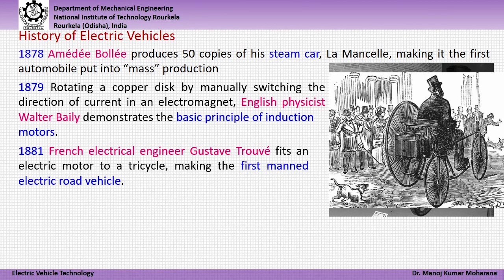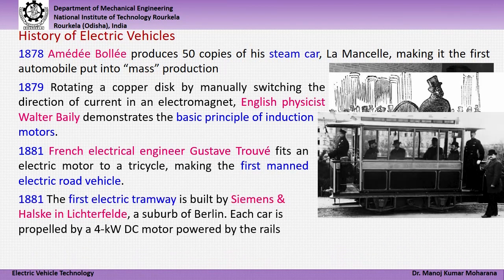So, we can say physically for the first time a man moved from one point to another using electrical energy in the year 1881. In the same year, Siemens company launched the first electric tramway in the suburbs of Berlin, where each car was propelled by a 4 kilowatt DC motor powered by the rails, as you can see here in the photograph on the right side.